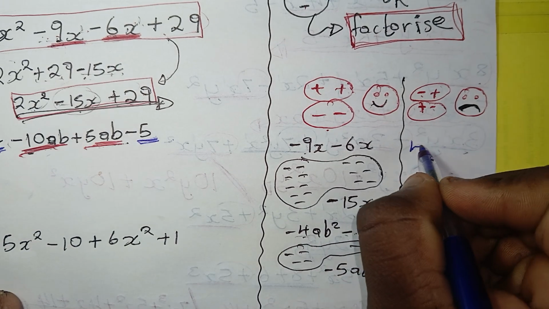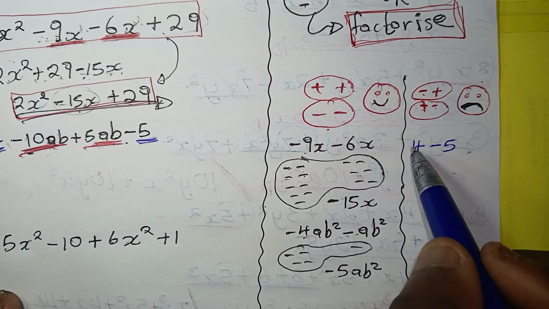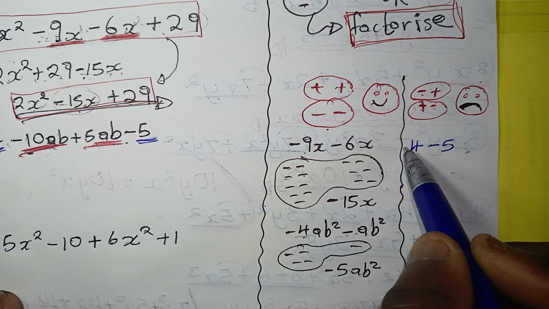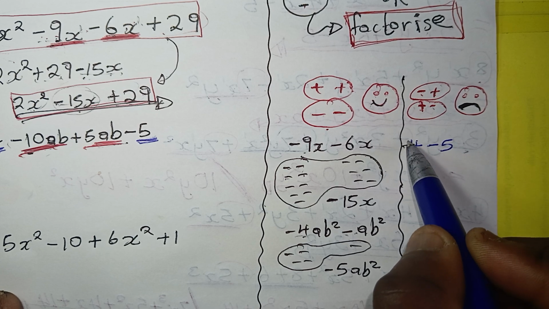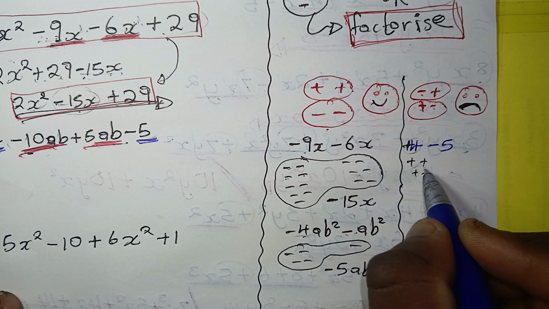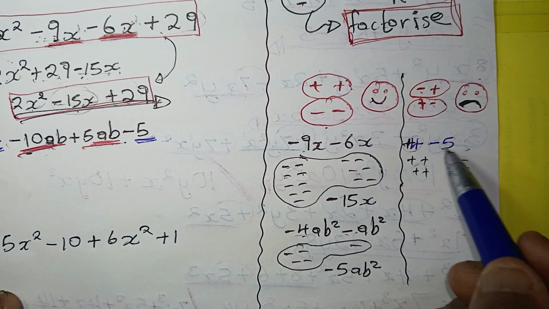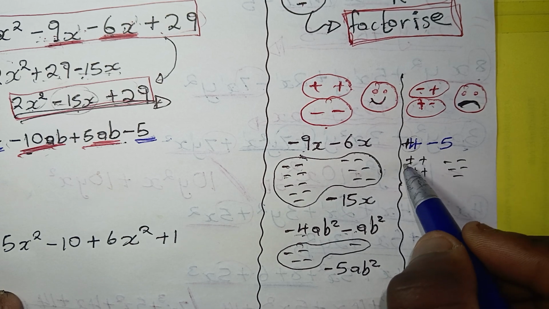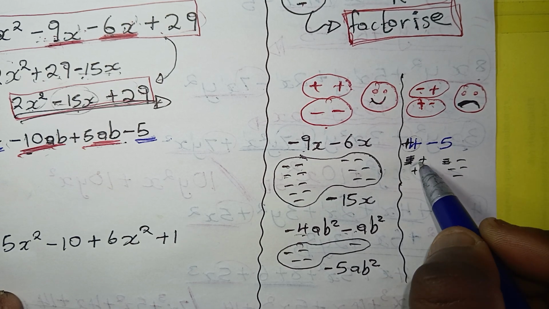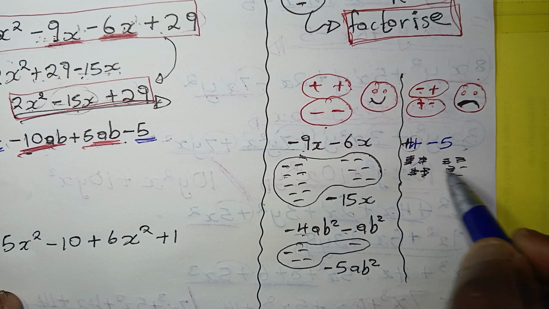So now let me just show you how to combine these numbers. So here we got 4 and minus 5. This thing actually, you should know that we got an invisible positive here. This is positive 4, and this one is minus 5. And they will go against each other. This will kill this one, this will kill that one, and so on.